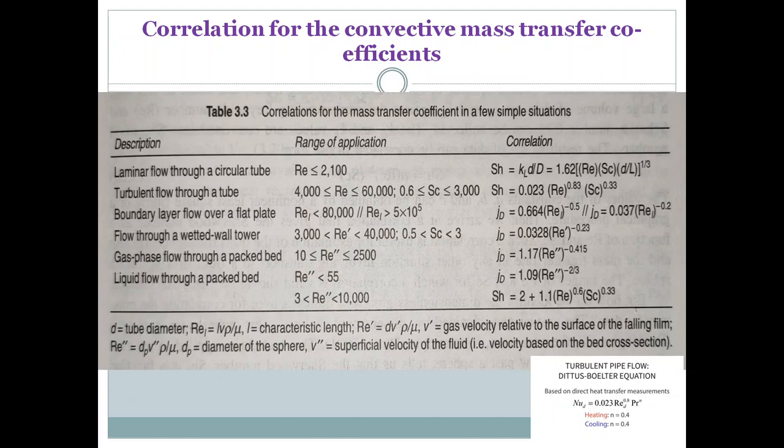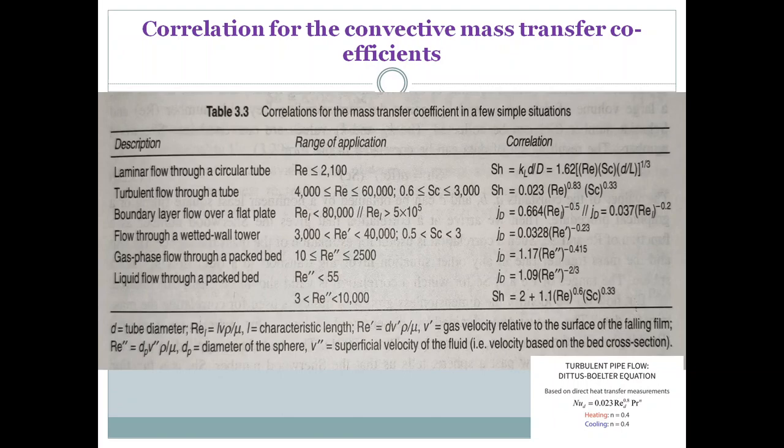We use empirical correlations based on dimensionless groups and calculate the mass transfer coefficient. Once you have it, you can calculate the flux very easily, because NA equals the mass transfer coefficient times the driving force.